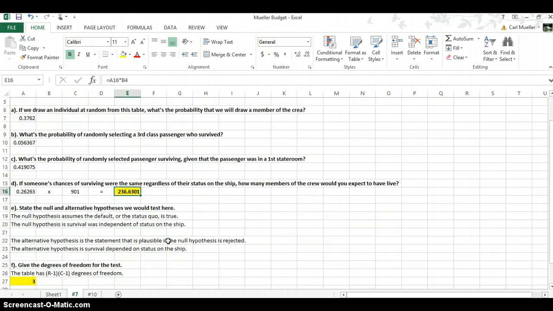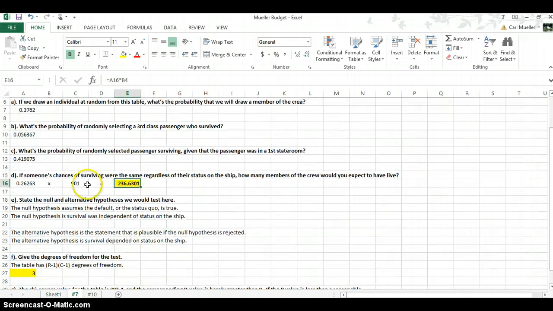Part E is state the null hypothesis we would test here, and the alternative. The null hypothesis assumes the default or the status quo, and the null hypothesis is that survival was independent of the status on the ship. They're not linked. Survival and the status on the ship are not related at all.